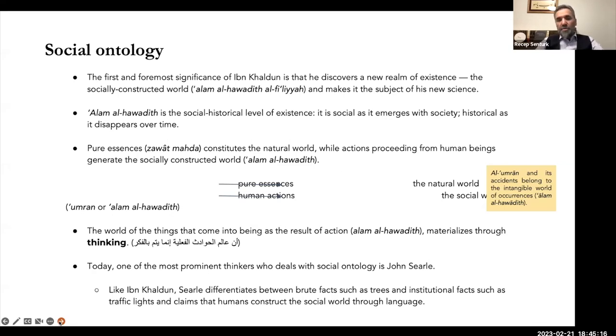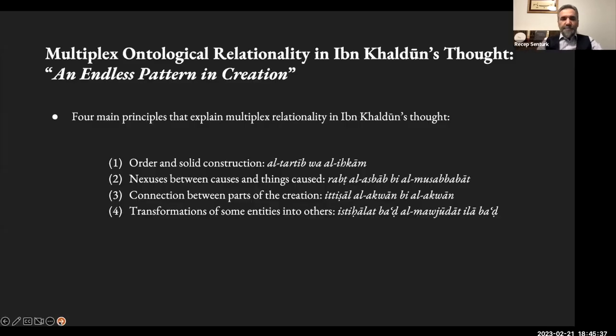So Searle also makes this distinction between two levels of existence, similar to Ibn Khaldun. But Ibn Khaldun says we construct the social world through thinking. Searle says through language. Of course, we use language to express our thinking.